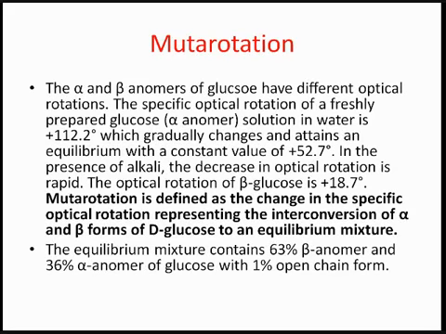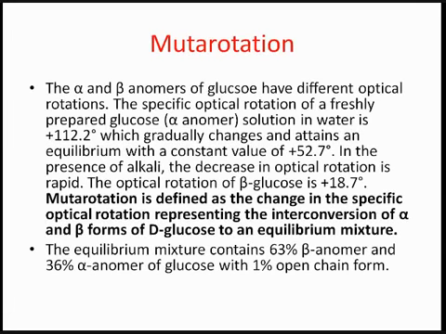So finally, what is the meaning of mutarotation? It is the interconversion of alpha to beta and beta to alpha. Alpha D-glucose is converted to beta D-glucose with respect to the equilibrium, and beta D-glucose is also converted to alpha D-glucose. This interconversion is referred to as mutarotation.